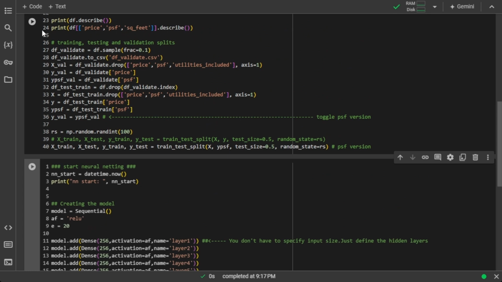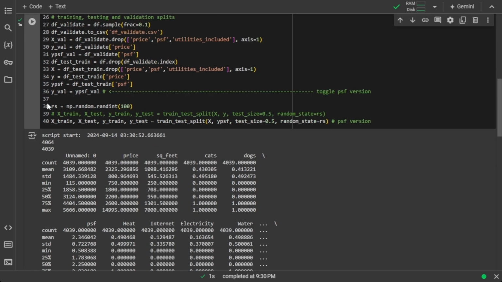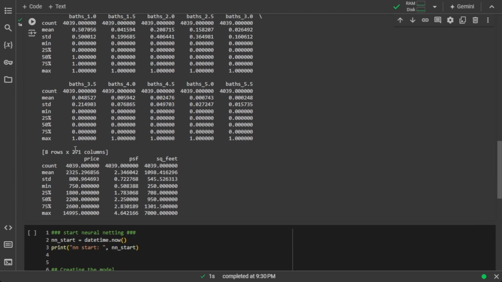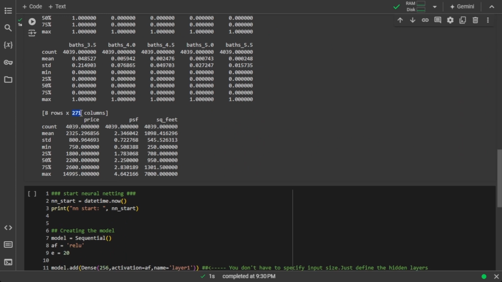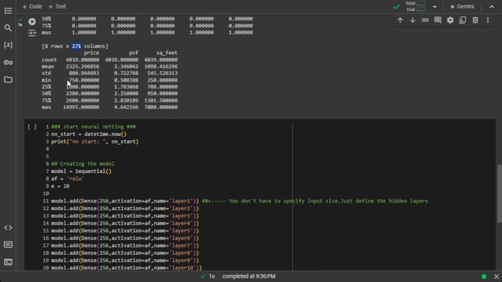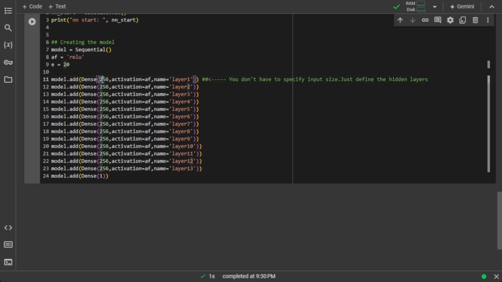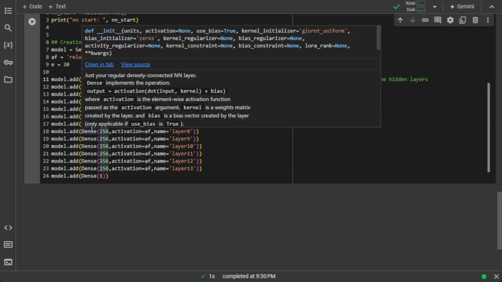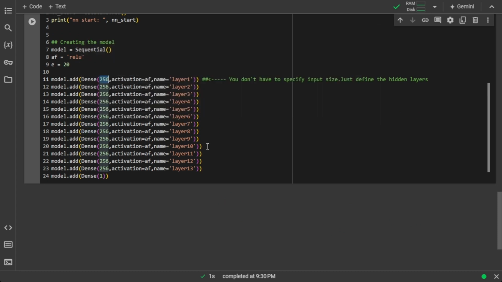Now, when we described our data frame, we ended up with 271 columns, but I actually ended up going with 256 on this. So this is kind of like the input shape, and you don't actually have to set an input shape, but you do have to define layers.